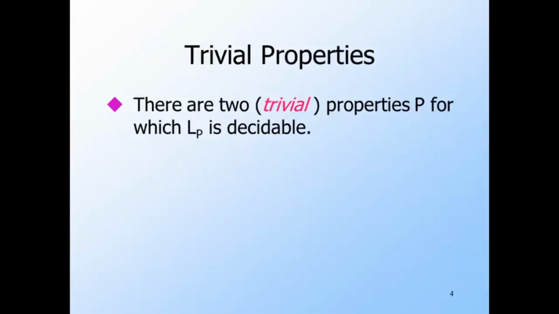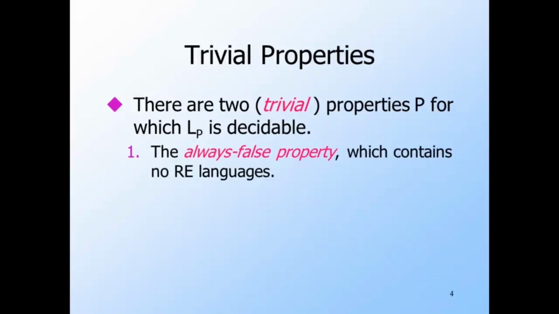There are two properties we call trivial for reasons that will be obvious. For these two properties P, L sub P is decidable. One of these trivial properties is the always false property that contains no recursively enumerable languages. We can think of this property as is not a recursively enumerable language. This property is actually true of some languages, but those are outside the recursively enumerable class, obviously, and we're talking about properties only as applied to the recursively enumerable languages.